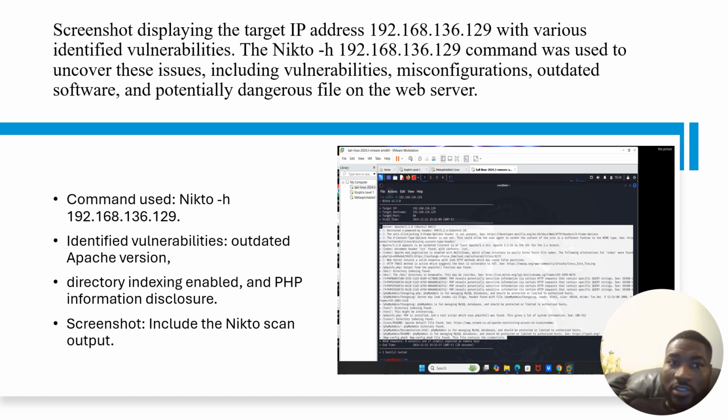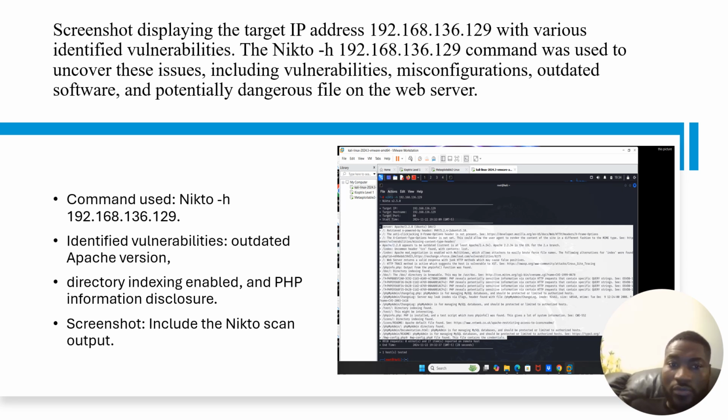Here is a screenshot displaying the target IP address with various identified vulnerabilities. The Nikto -h 192.168.136.129 command was used to uncover these issues, including vulnerabilities, misconfigurations, outdated software, and potential dangerous files on the web server that were discovered.